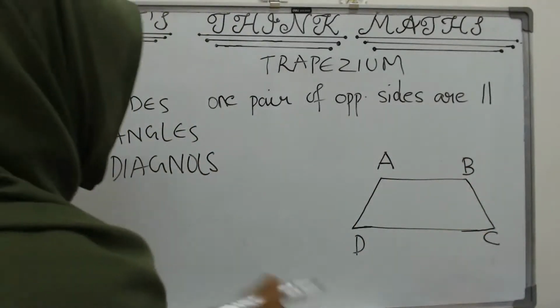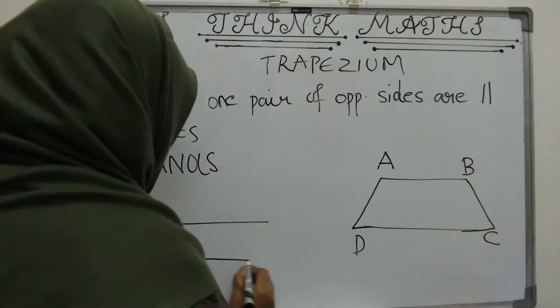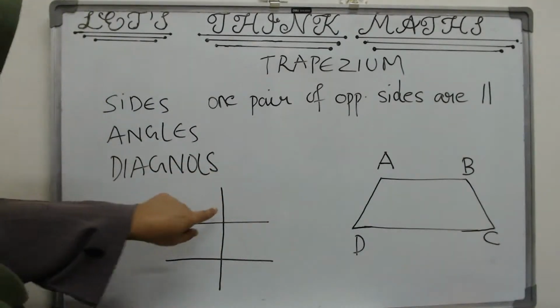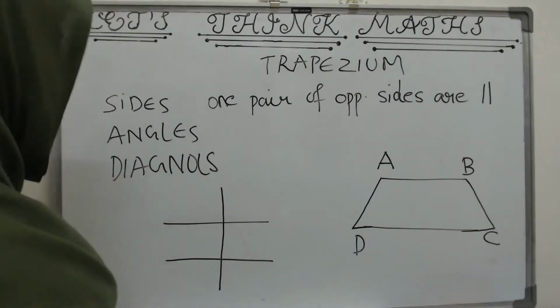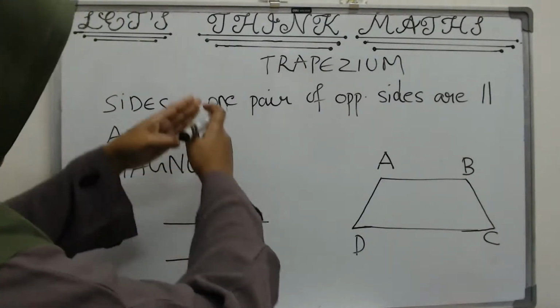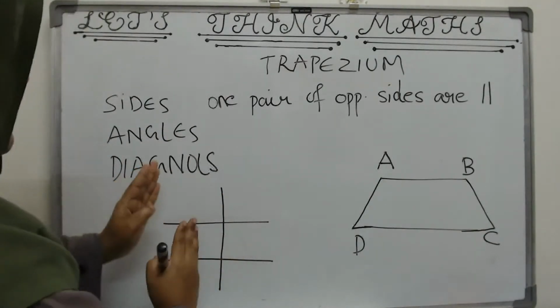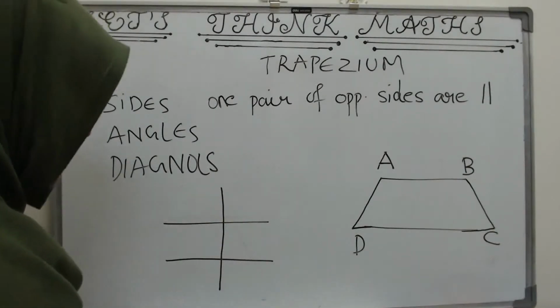And what is the other thing that you know about parallel lines? If you have two parallel lines and a third line which cuts them like this, which by the way is called a transversal, we have done a video on that, please check it out. Then the angles on the same side of the transversal will be supplementary.